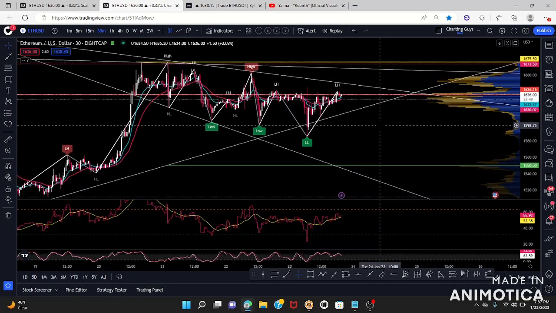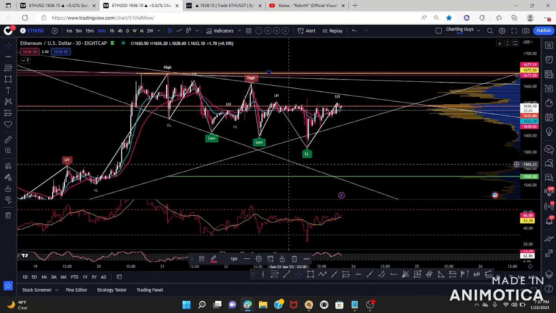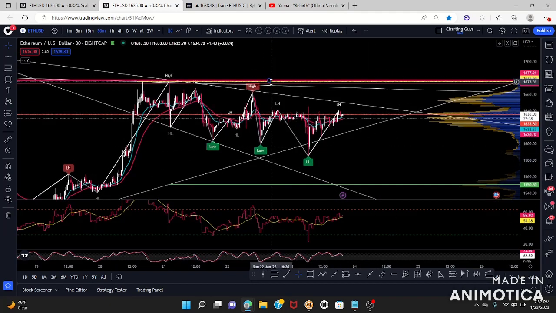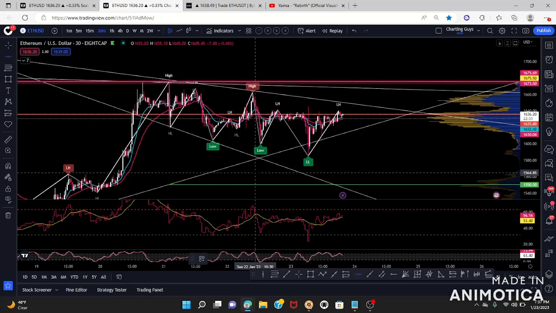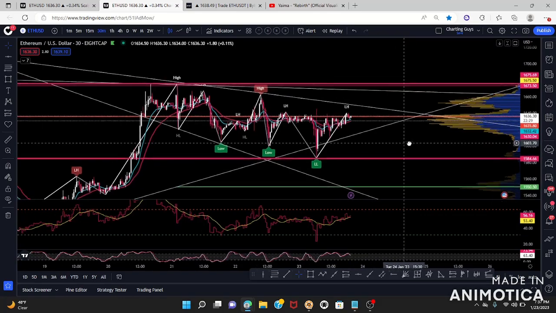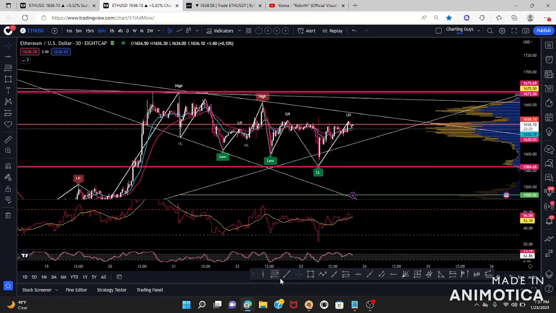So anyhow, with this descending megaphone, what's my target? So we have our highs here. Let's go ahead and blow it up so we can know our highs here. And we have our lows here. This is the range that's playing within. So to get a target to the upside, we'll do a measure move.